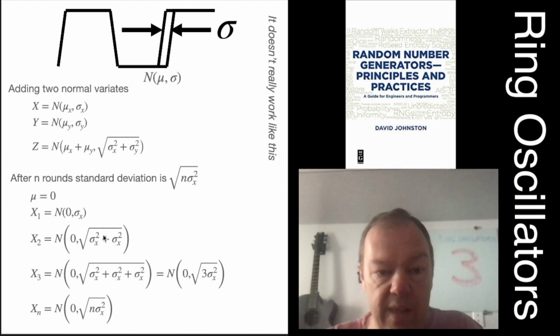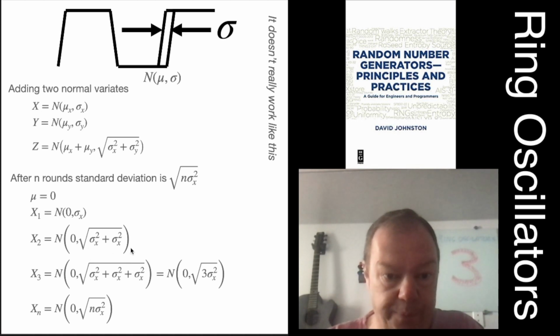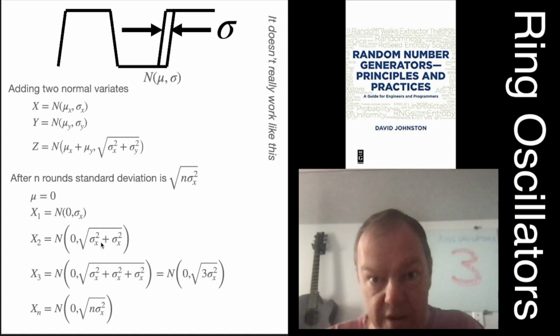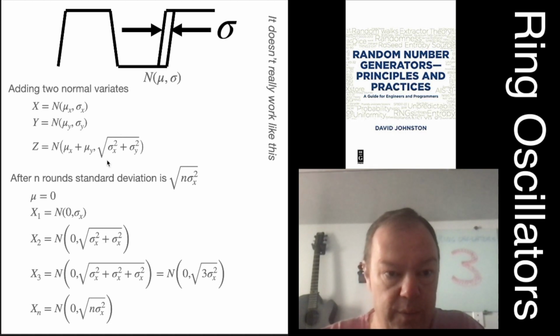But if we leave it like this, and then we add another one, we're going to take the standard deviation that we've just got and add to it sigma squared and square root the whole thing. So we take this and we square it, because that's what we're asked to do here.